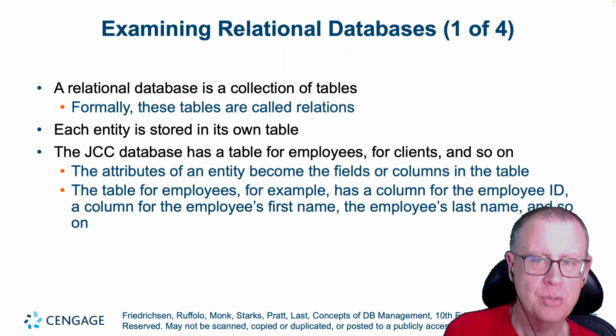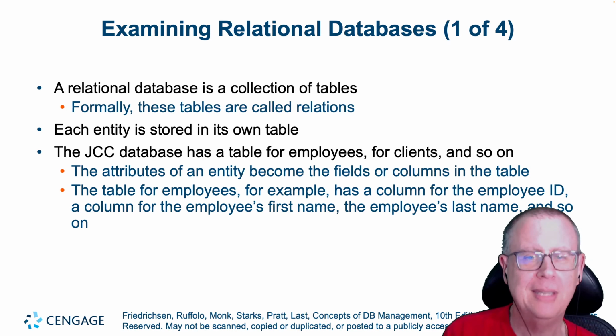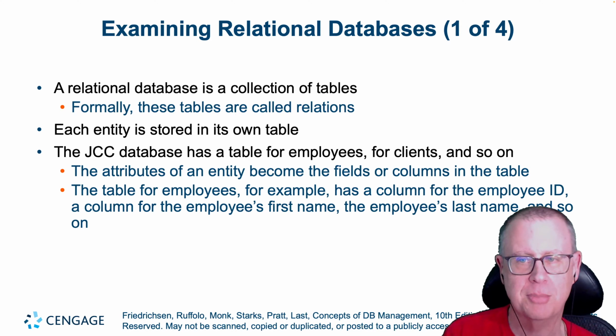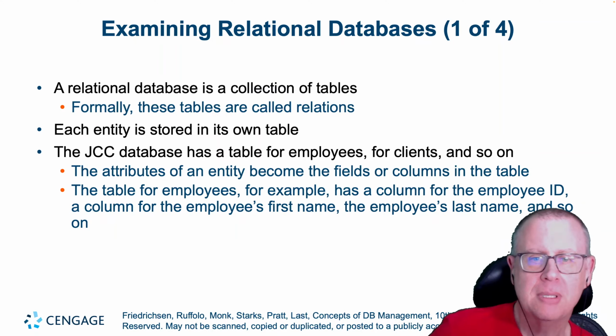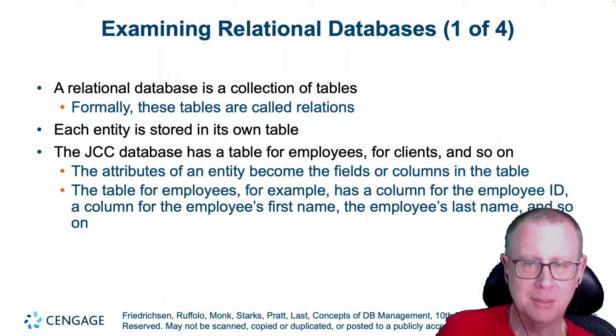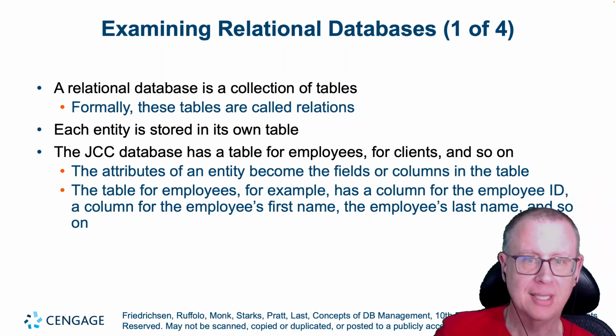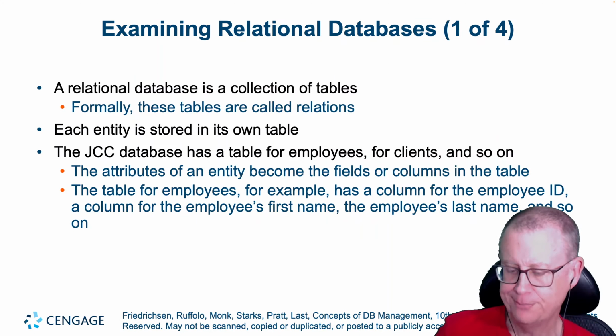And attribute, field, or column are parts of those entities. They can also be used interchangeably. The employee table has an employee ID, an employee name, first name and last name, etc. Okay.